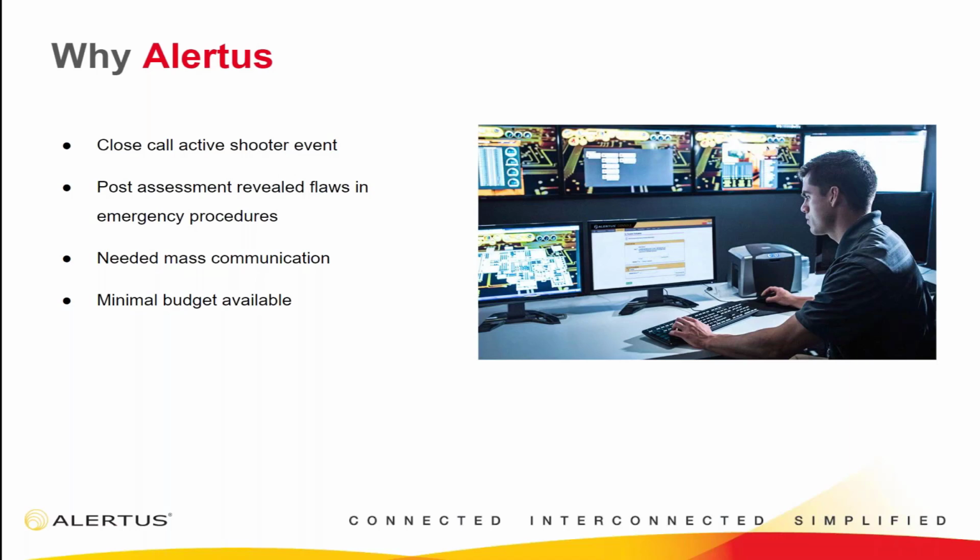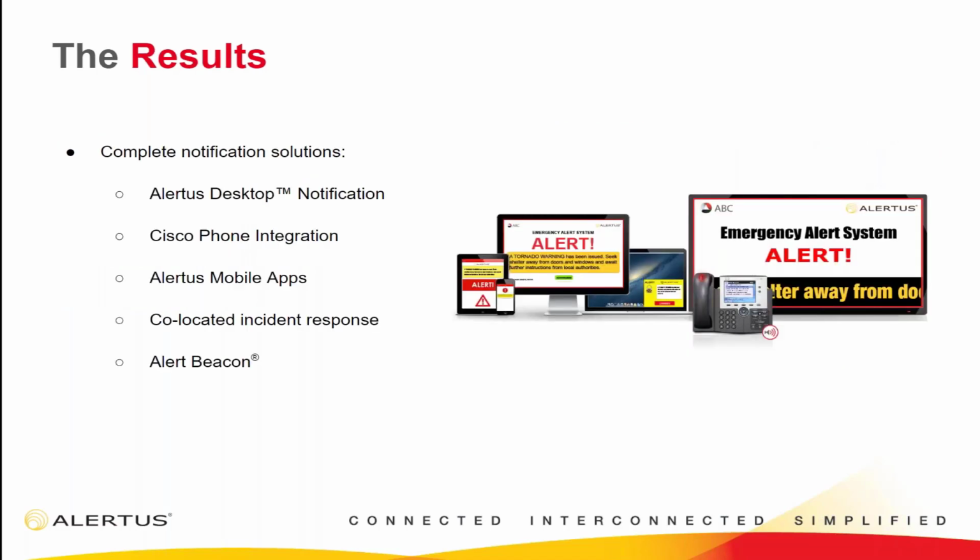We had a lot of potential victims who could easily have all been killed if this guy had brought in a gun. So we figured out that we needed a mass communication system so that we could keep our employees out of the danger area, let them know they need to get out of the building, and let them know to avoid the area when something like this happens.